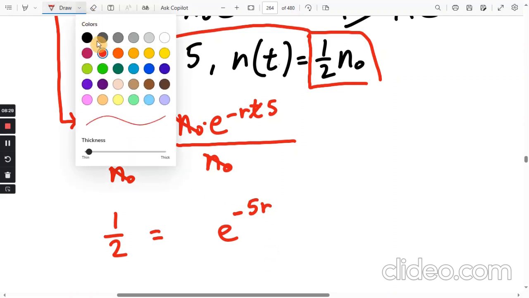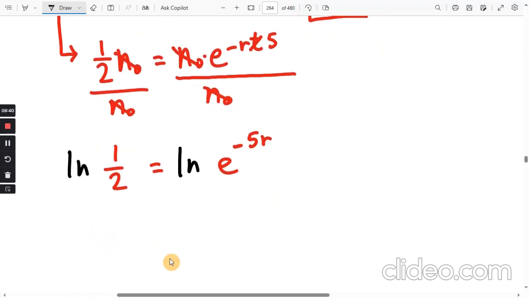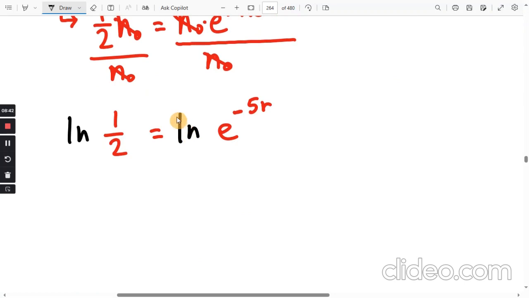Solving for r, we have a base of e, so we want to use log base e, or the natural log, on both sides of the equal sign. The natural log of e just cancels, and you're left with the exponent. So negative 5r equals the natural log of 1/2.